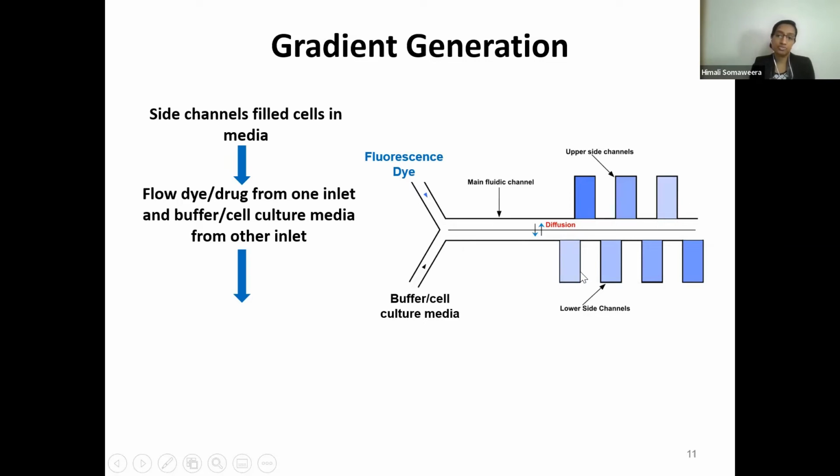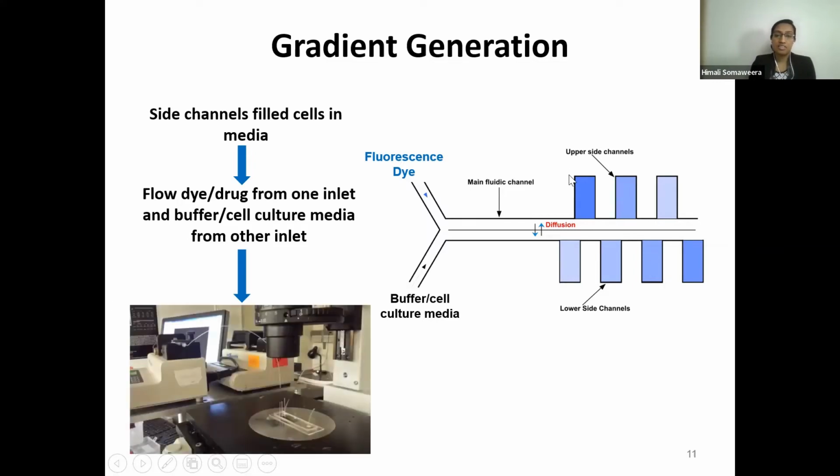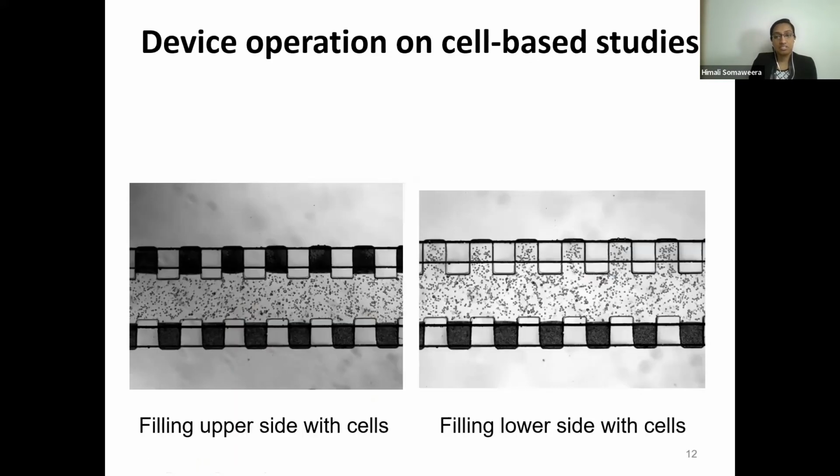That's what these color differences show. We can detect those using a fluorescence microscope, set up the flow from different injectors, let it go for some time, and get a stable gradient.